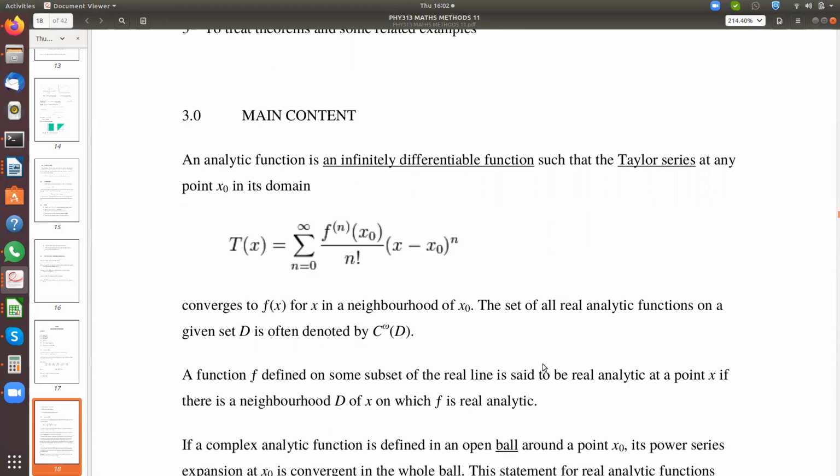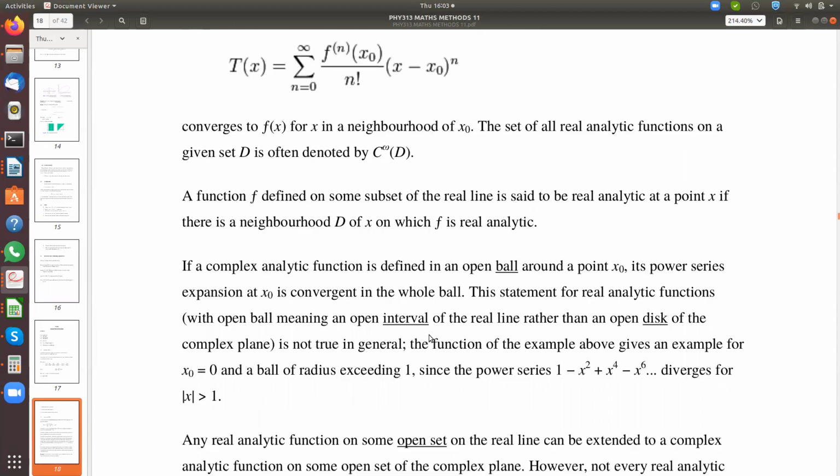We now look at this concept in detail. An analytical function is an infinitely differentiable function such that the Taylor series at any point x in its domain converges to f of x for x in the neighborhood of x naught. The set of all real analytic functions on a given set D is often denoted by this.